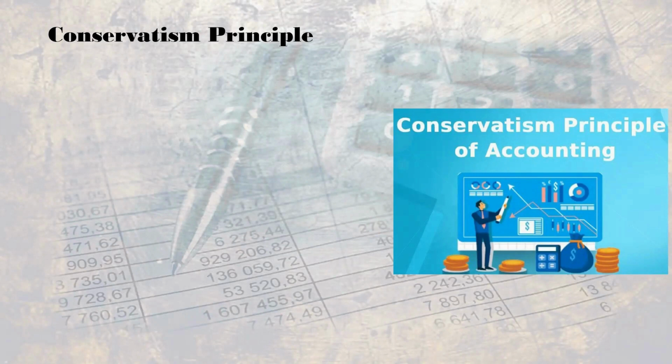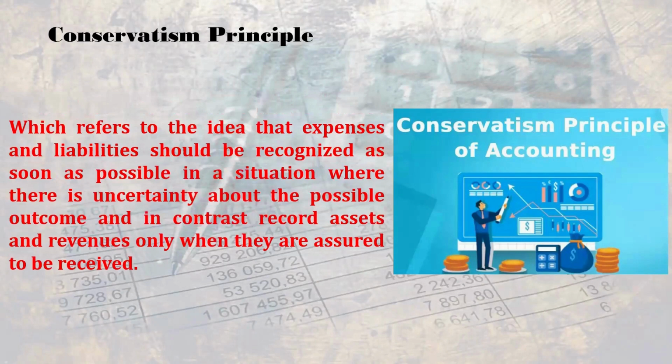That is the conservatism. The definition refers to the idea that expenses and liabilities should be recognized as soon as possible in a situation where there is uncertainty about the possible outcome, and in contrast record assets and revenues only when they are assumed to be received.